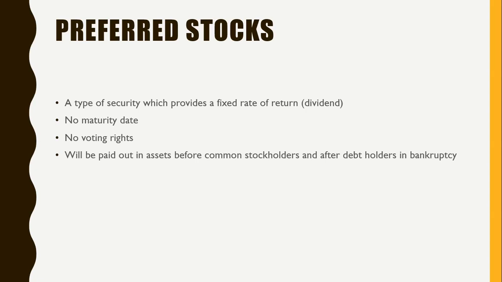However, the preference stock has priority to get back the money when the firm goes bankrupt. So when a company is liquidated, the company has obligation to pay back the debt holders. Then is the preference stockholders, and the last will be the common stockholders.